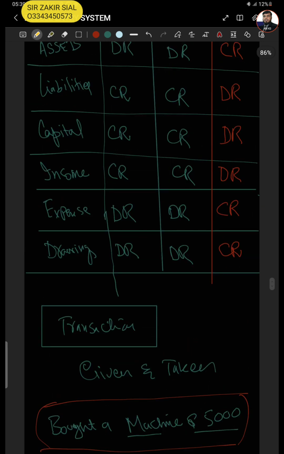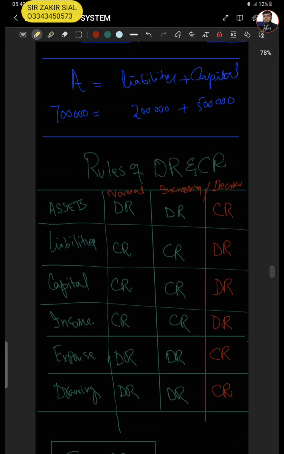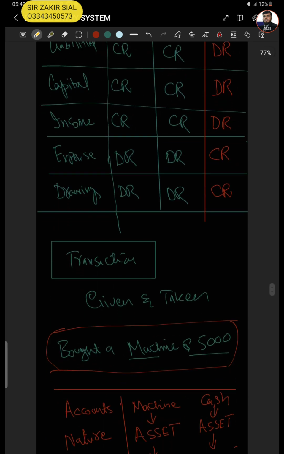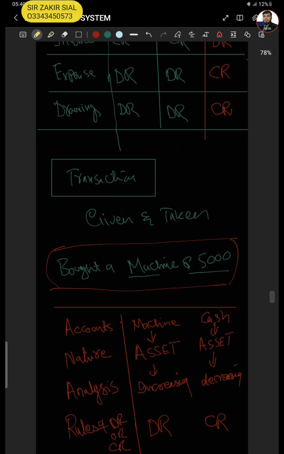For assets, expenses and drawings, normally we write on the debit side. If increasing, we write on the same side. If decreasing, we write on the opposite side, on the credit side. And you need to learn these rules of debit and credit.